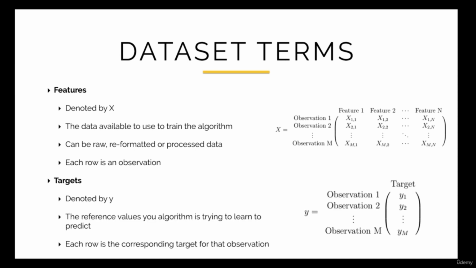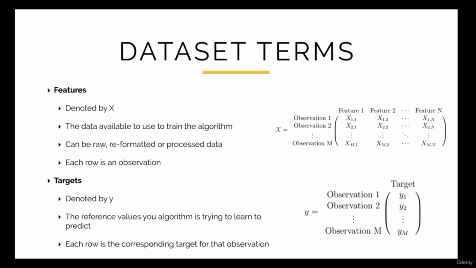The other thing that's important to know about are the targets. These are often denoted by lowercase y. The target is your reference value that your algorithm is trying to learn. In this example, our targets would just be the final weight. We don't have multiple columns, we just have one column, but we still have the same number of observations.